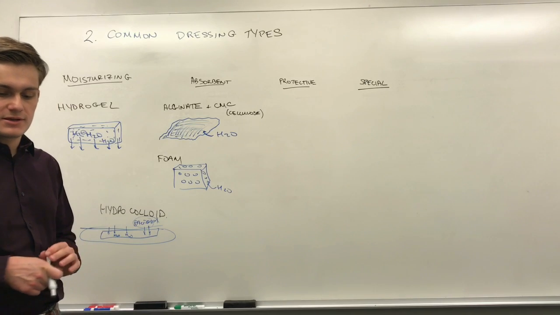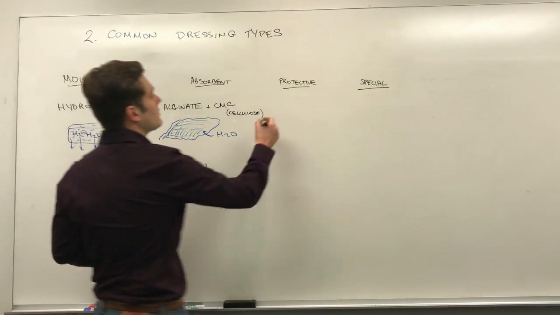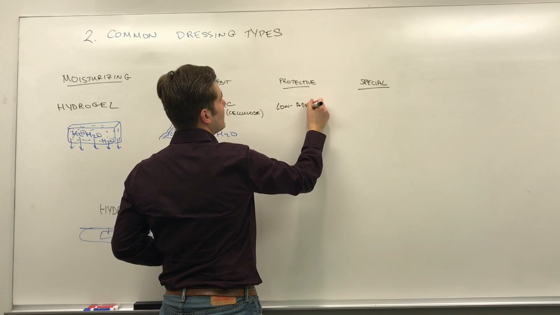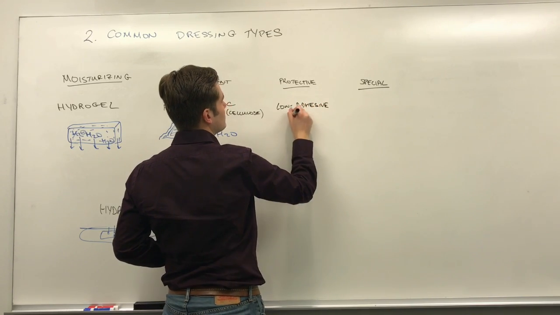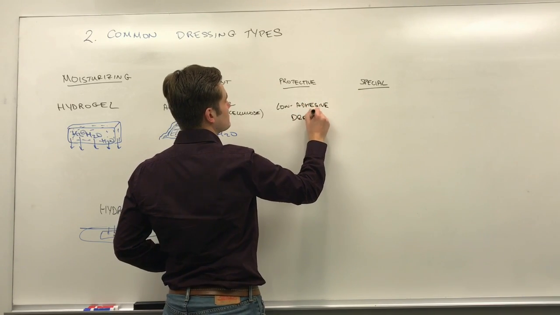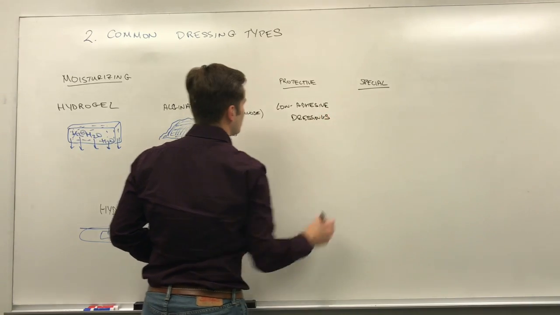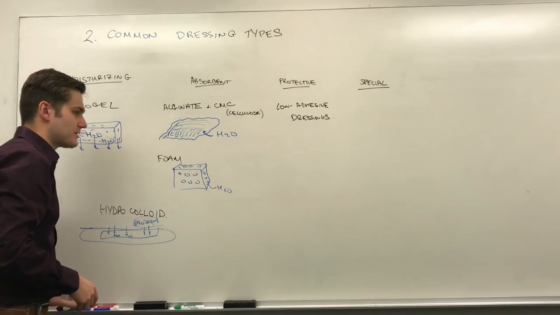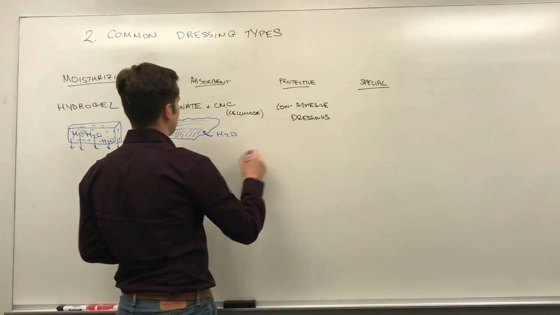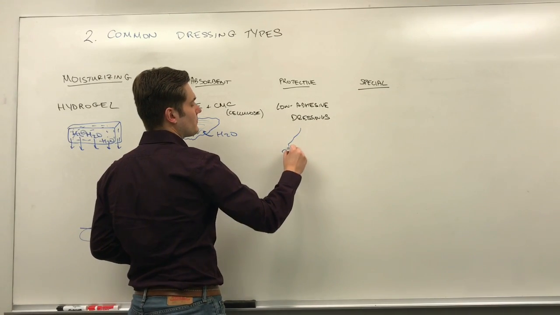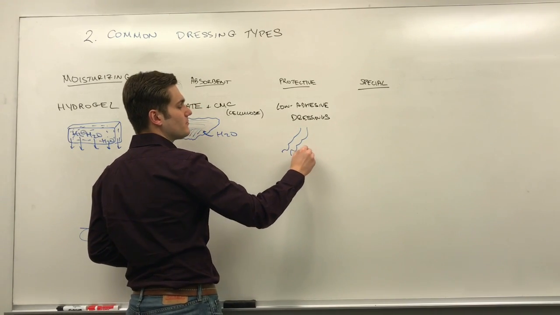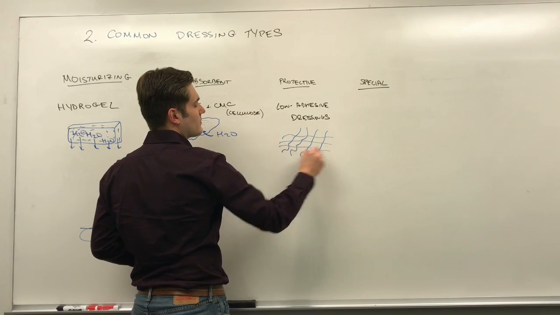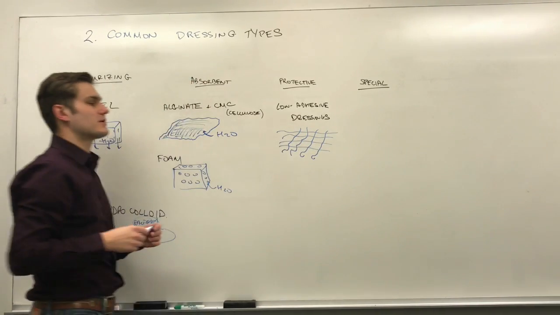Protective dressings, these are going to be the low adhesive dressings. And what these are made of is, you can kind of think of these as a thin mesh. So usually these are made out of silicone, and these are like cross-linking.